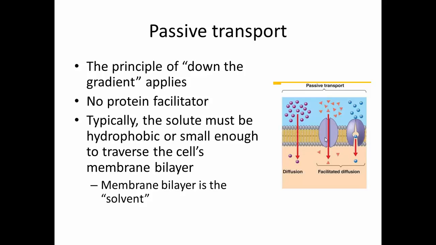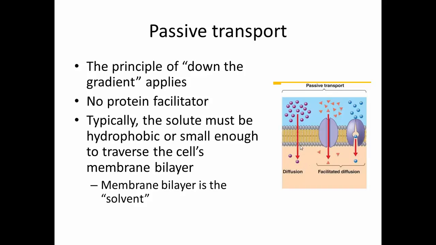So these facilitated diffusions are mediated by either channels or proteins that open and close in order to help bring solutes down the concentration gradient across the membrane bilayer and into the cytoplasm. So in all cases we start at an area of high concentration outside the cell, and will then diffuse into the cell cytoplasm, which is an area of low concentration.